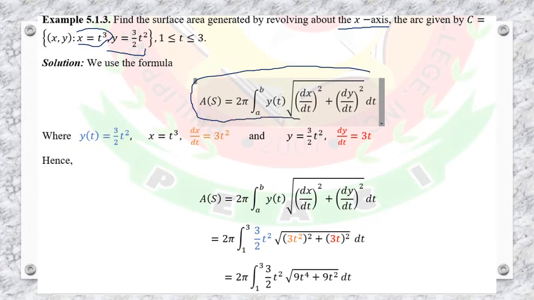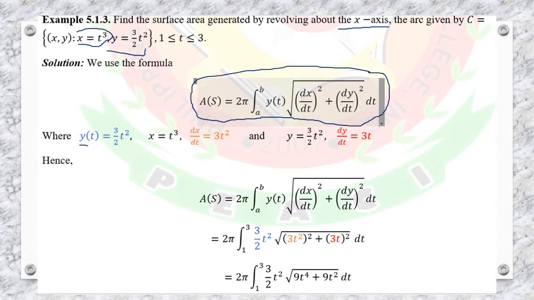Okay, so ito yung formula 2, di ba? And then iba yung, depende kung saan nag-revolve yung solid natin. So here, ito yung ginamit natin na formula 2, letter A. Okay, so where y of t, yung y of t natin, yan yung sa given natin na arc, y is equal to 3 halves t squared, and then x of t natin is equal to t cubed.